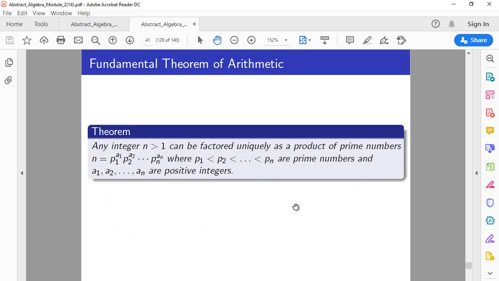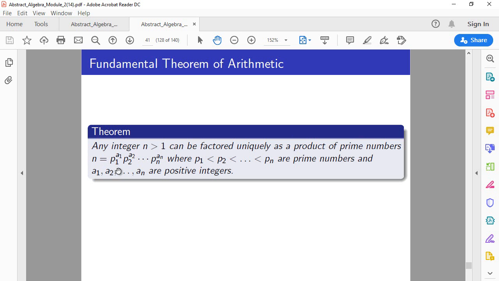This is the fundamental theorem of arithmetic. I'm not going to prove this theorem because it takes quite a bit of time, but you can look it up from your text or any other place. So an integer n greater than 1 can be factored uniquely as a product of prime powers.